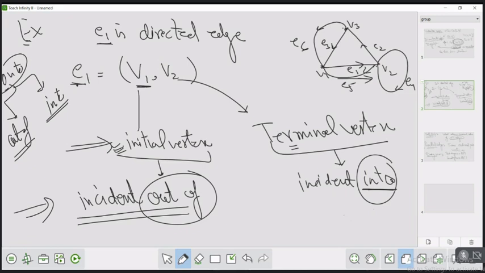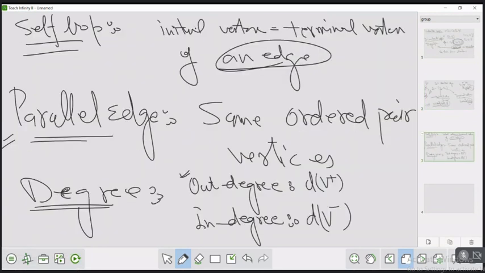So the number of edges out of V3 will be the out degree. There are two edges out of V3, so the out degree is equal to 2. And the in degree is equal to 1. Is it clear?